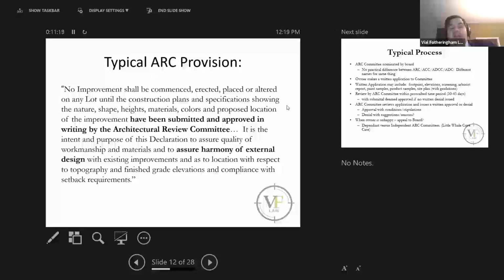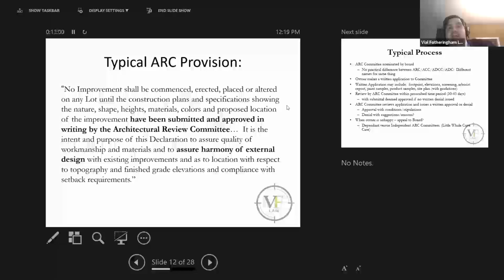I didn't want to give you the whole provision because there's more in the middle, but it alludes at the end there to various factors that the ARC is supposed to consider when looking at things. Typically, it will have language that says something like the ARC can consider several factors, including harmony with external design of existing improvements, location, topography, view, all these different things that can be taken into account by the Architectural Review Committee when looking at it.